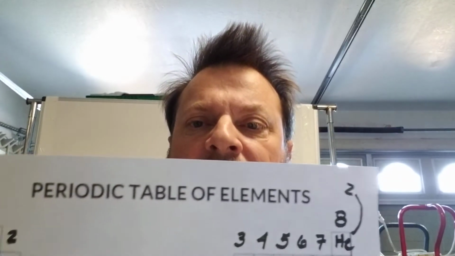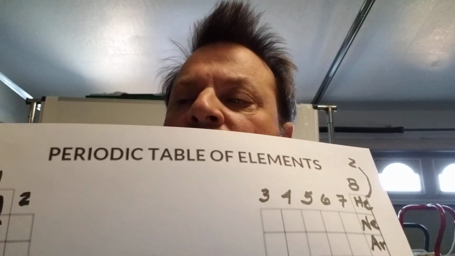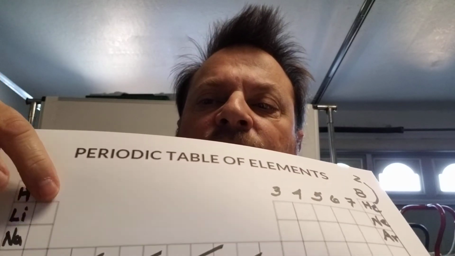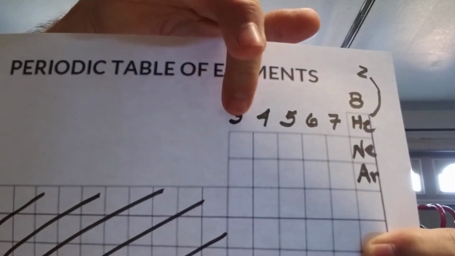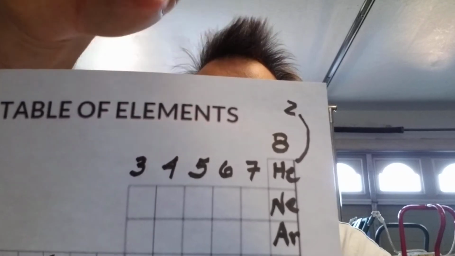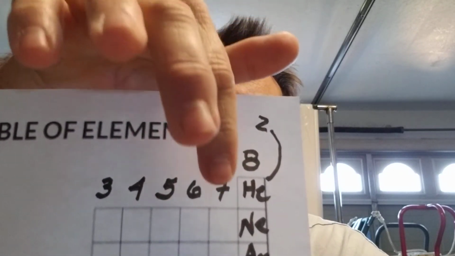Okay, so I'm going to show you one more time with a blank, and we go for hydrogen. There's a 1. Then there's a 2 for this column. We skip these guys. Then we go to 3, 4, 5, 6, 7, 8.